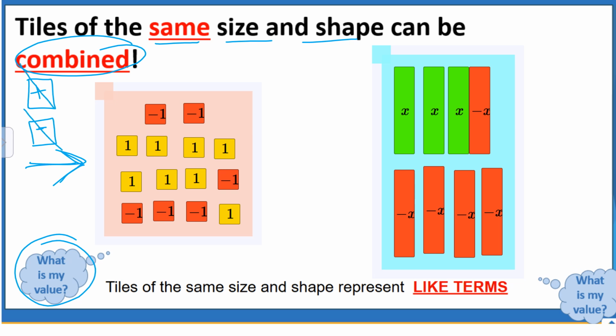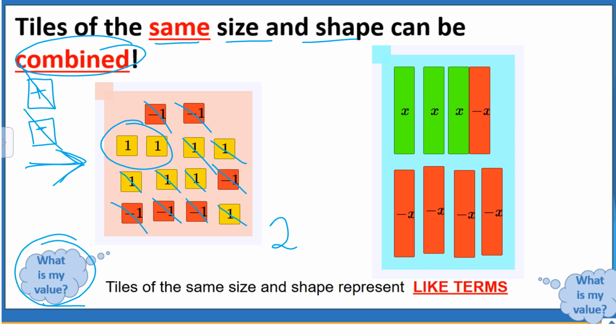They cancel each other out. So the value for the left model would be: a positive and a negative goes to 0, positive negative is 0, positive negative is 0, positive negative is 0, positive negative is 0, positive negative is 0. That's going to leave us with 2 positive units.